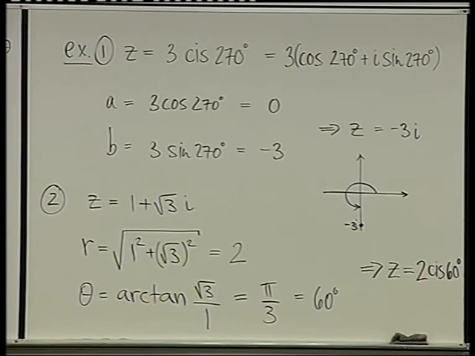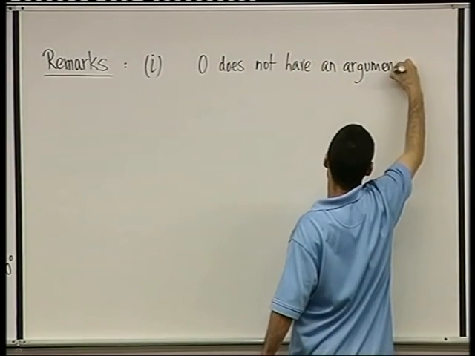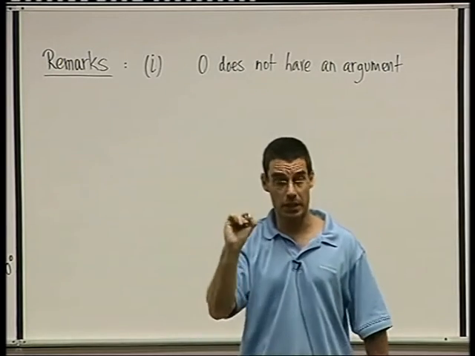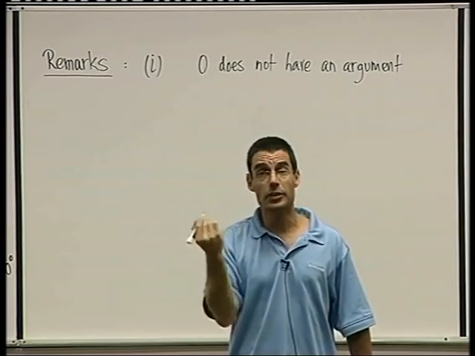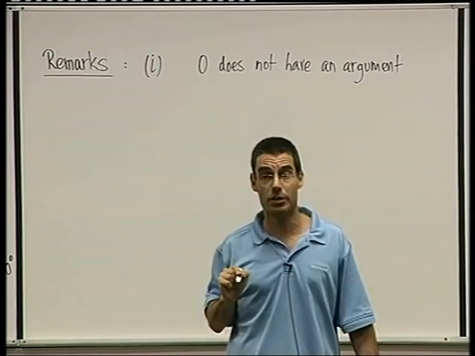So the first remark is that 0 does not have an argument. It's not defined. The complex 0, the origin in the complex plane, does not have an argument. The angle is not defined because it's just sitting there in the middle.